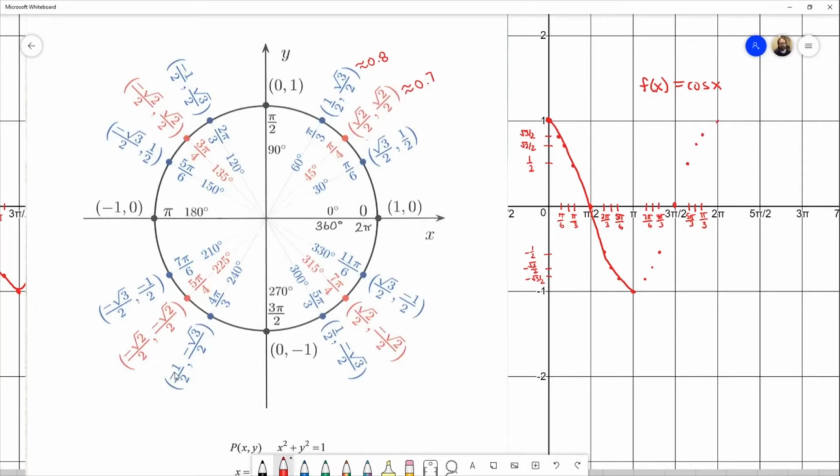We would get something that looks like this. And then connect those dots to get, again, now we have one full period of the graph of cosine of x.